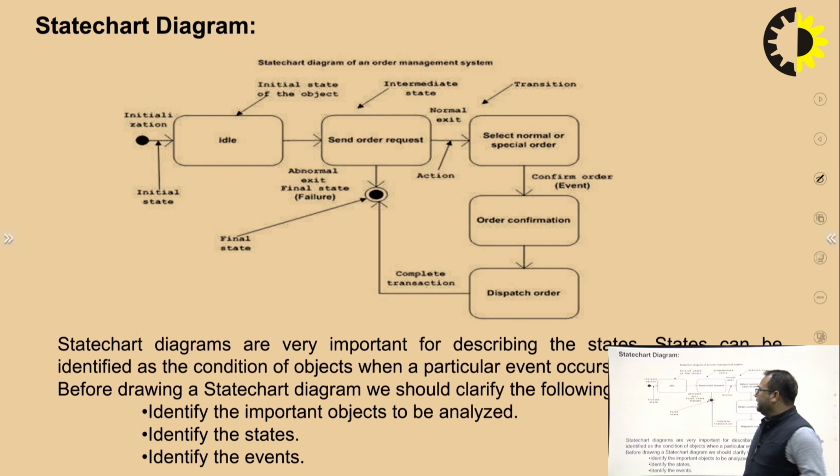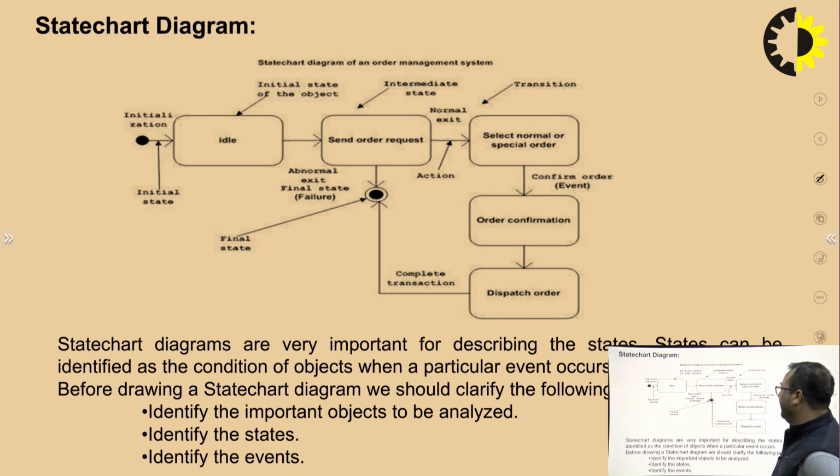Next is the state chart diagram, meaning there could be various states like idle, send order request, select normal or special, whether the order gets confirmed or not, and whether the order is dispatched. This comes under the state chart diagram. State chart diagrams are very important for describing the various states.